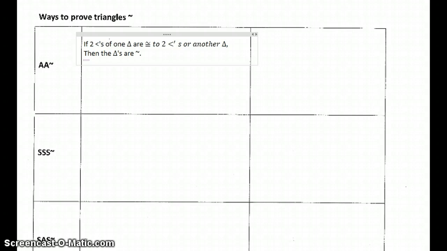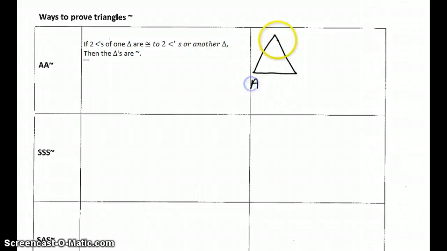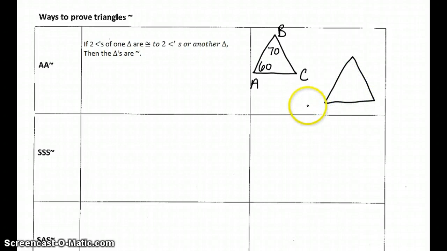In order to prove it, let's draw a picture. Here we have triangle ABC, with angle A being 60 degrees and angle B being 70. I also have triangle ZYX, with Z being 60 and X being 50.